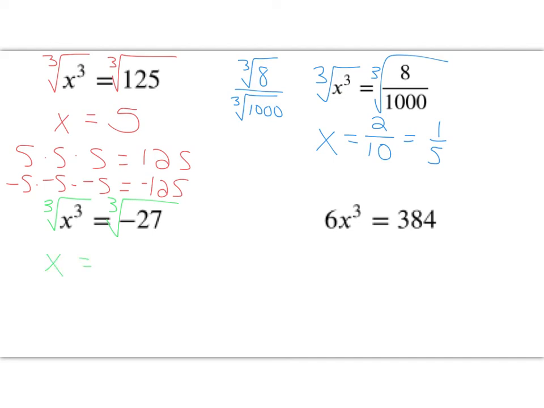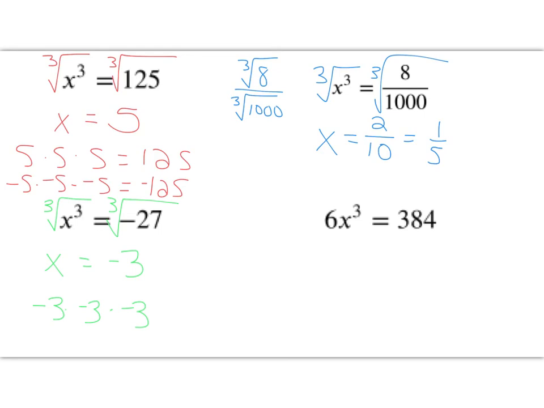The cube root of negative 27, is there something times itself 3 times that equals a negative? And there is, right? Negative 3. So negative 3 times negative 3 is a positive 9, times a negative 3 is a negative 27. So you can take the cube root of a negative number, where you can't do that for taking the square root of a negative number.